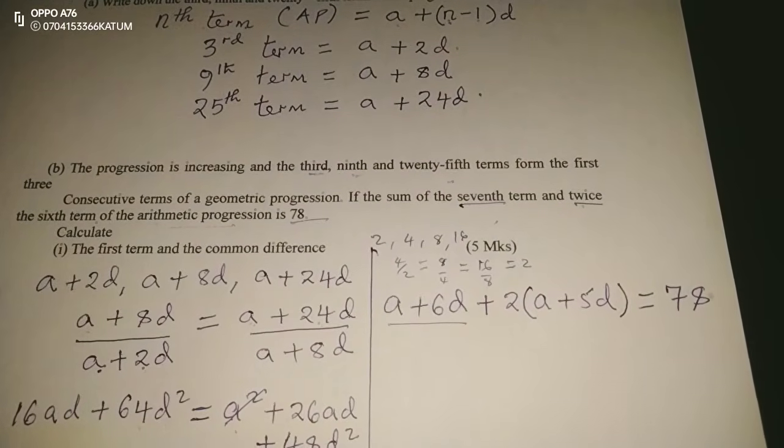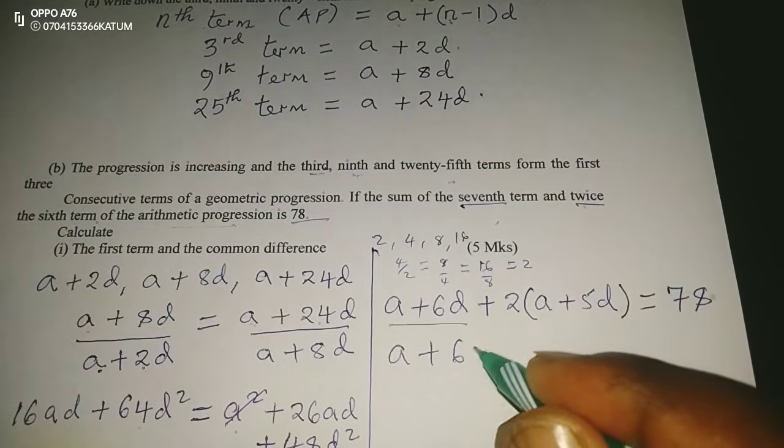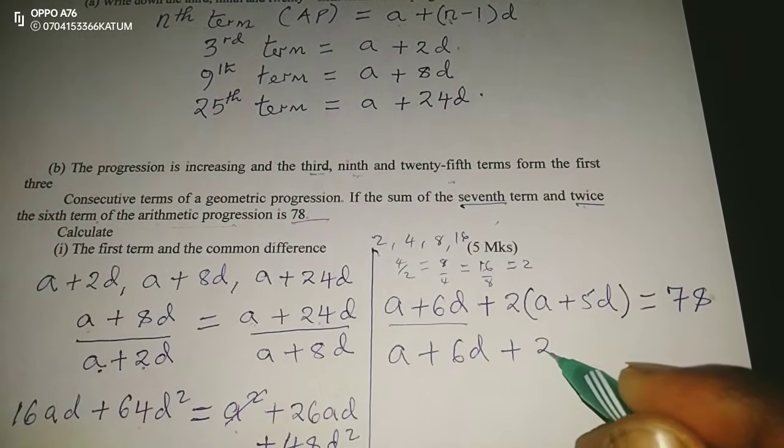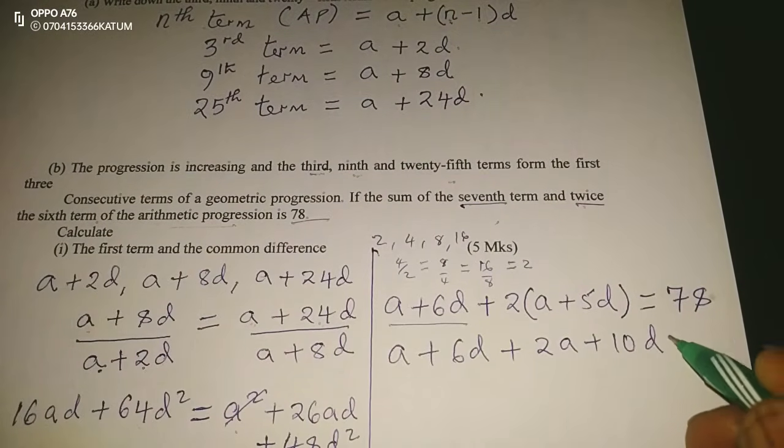So now we can say this is a plus 6d plus 2a plus 10d equivalent to 78.